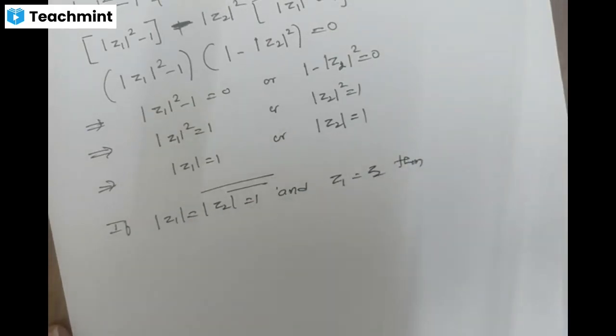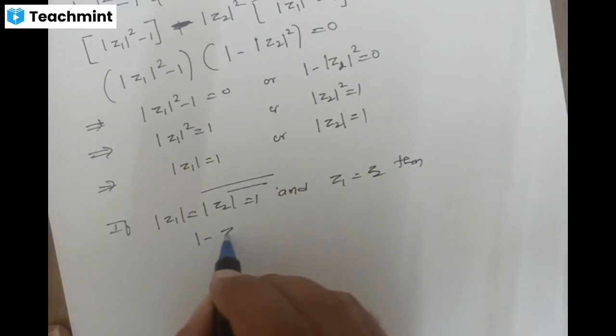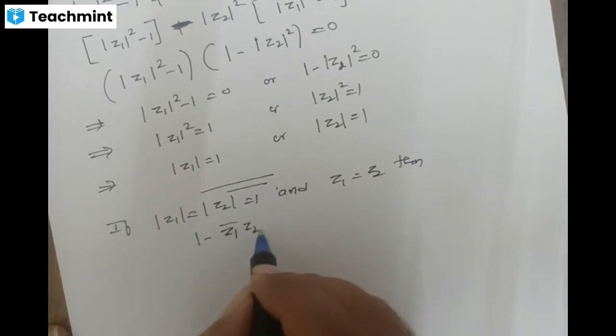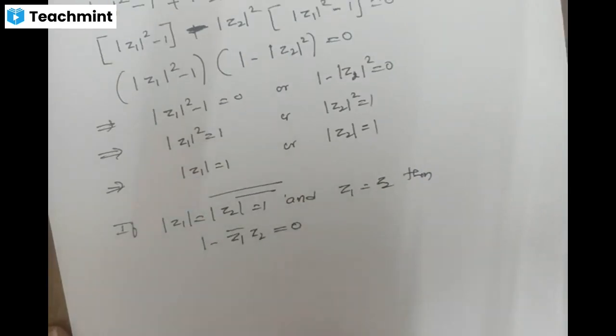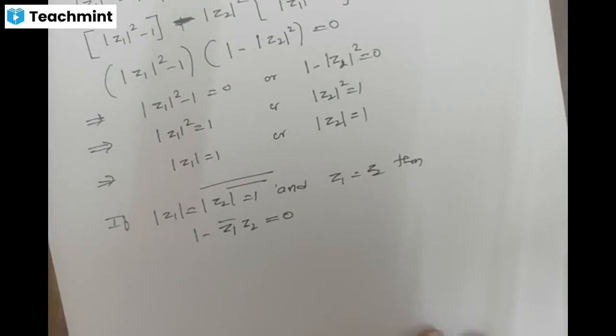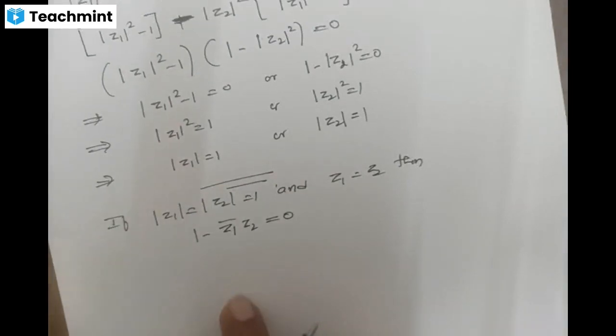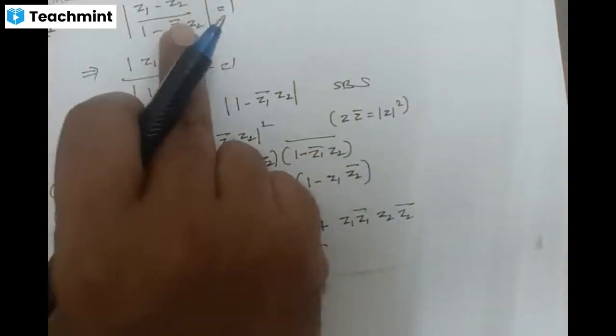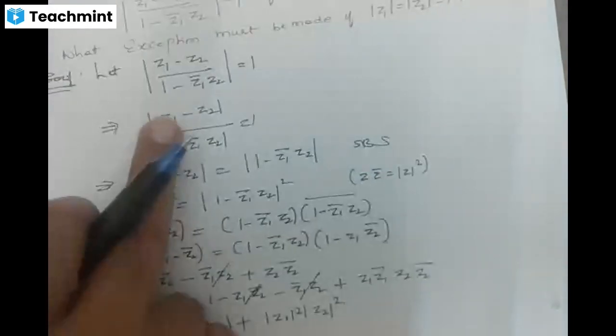Then 1 minus z1 bar z2 equals 0, so the denominator would be 0. The denominator cannot be equal to 0.